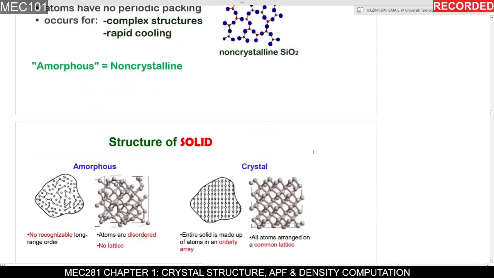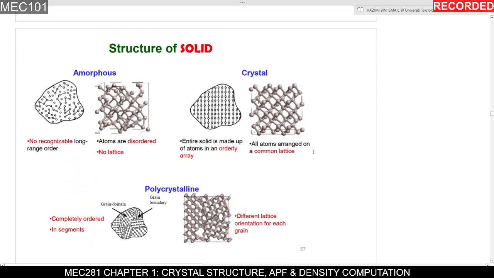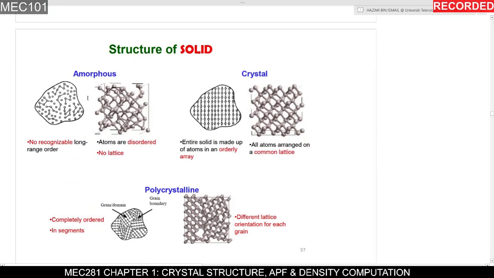So the structure of solids: the atoms in amorphous are disordered, with no recognizable long range order. You cannot see the pattern between the atoms here.